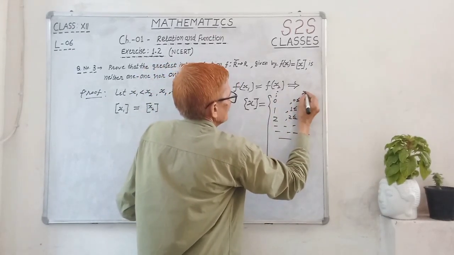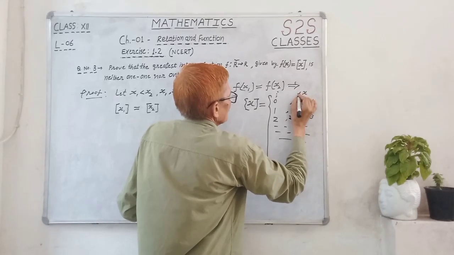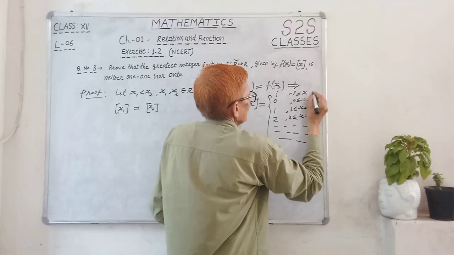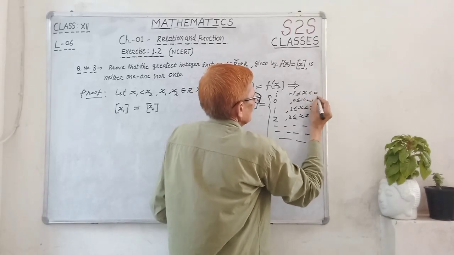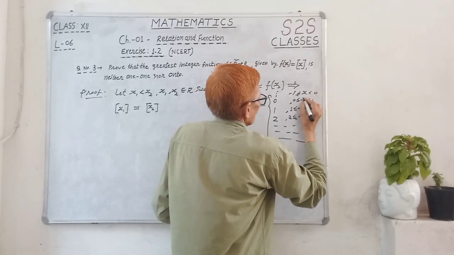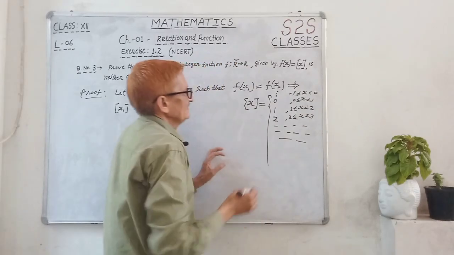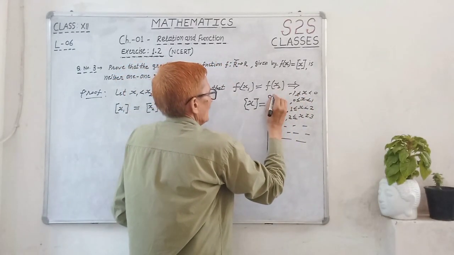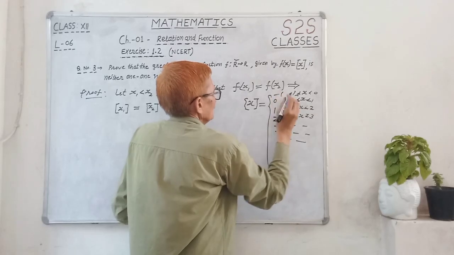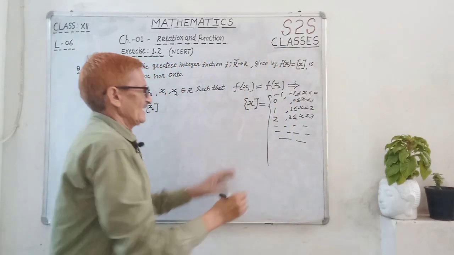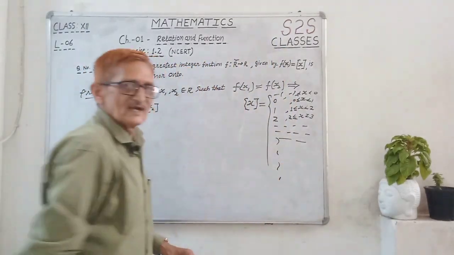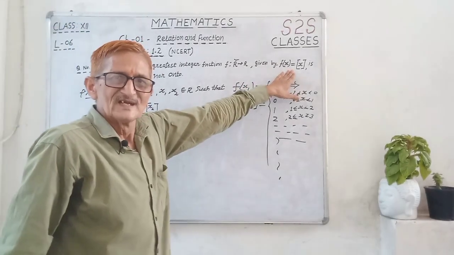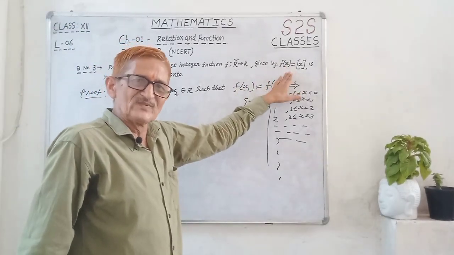If x is greater than or equal to minus 1 and less than 0, then the value is minus 1. So similarly upward and downward. What is the range of the greatest integer function?